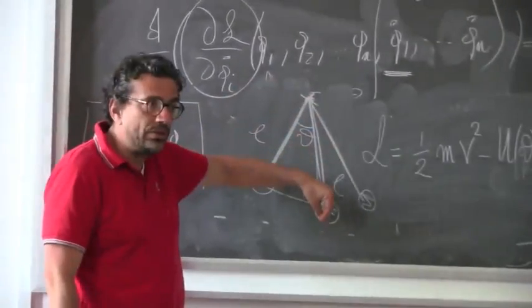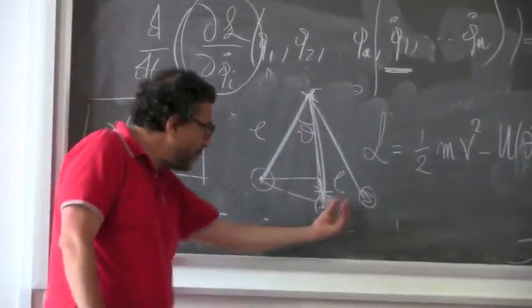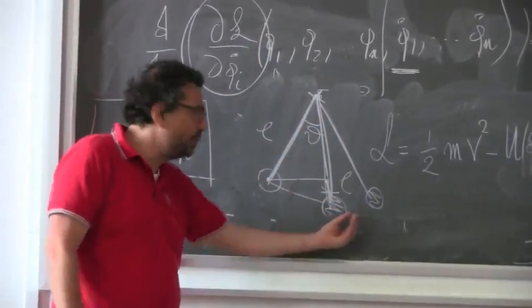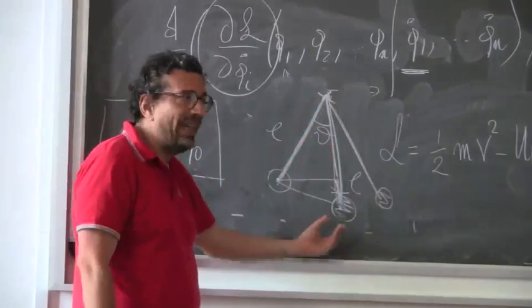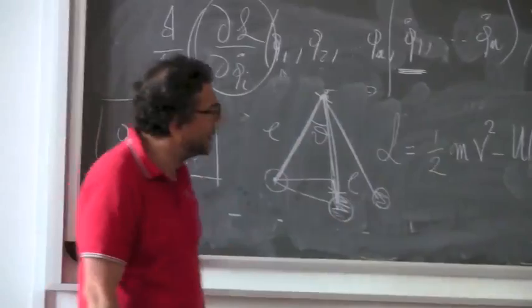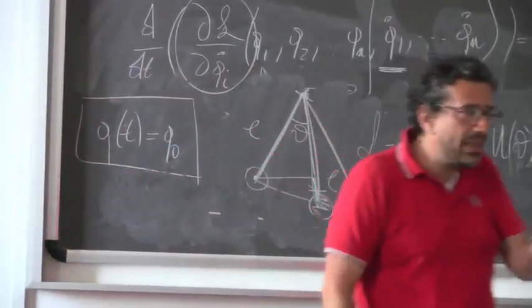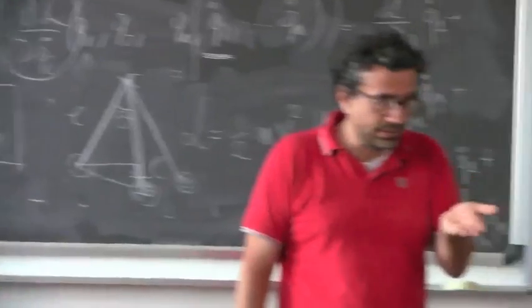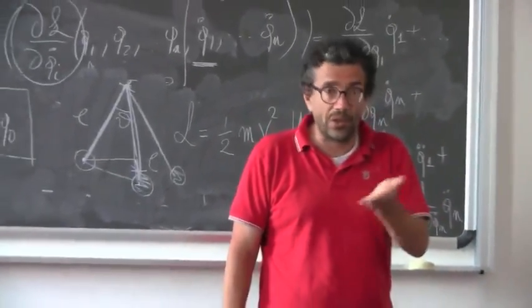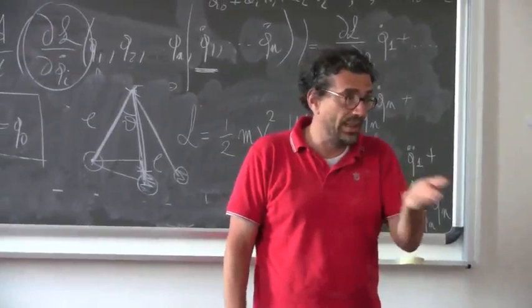Now, what Galileo understood: if you have a small motion in the neighborhood of the vertical equilibrium configuration, sine theta is nearly equal to theta, and cosine theta is nearly equal to 1.